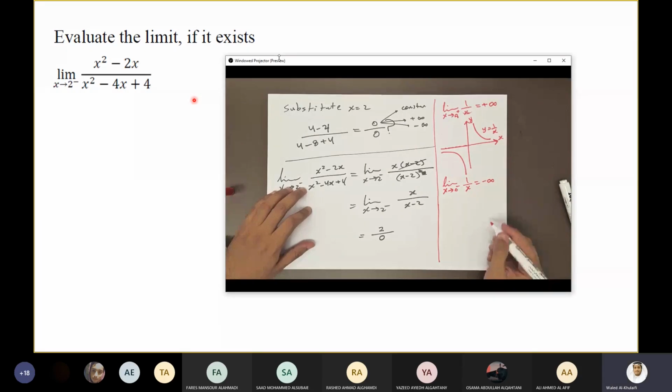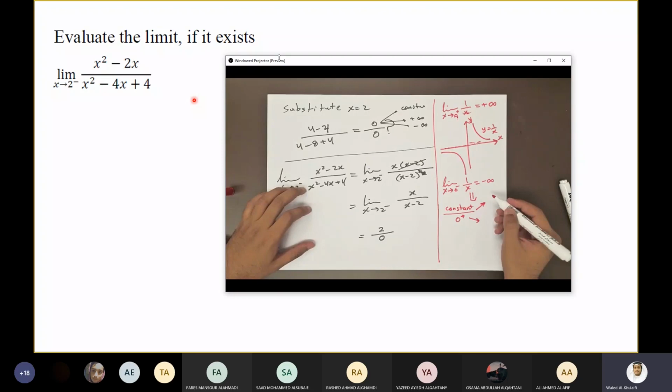So in summarizing these two, you can say that whenever I have a constant over 0, because I can put here 0, if it is 0 plus, then I have two situations. When I divide by 0, and that denominator is approaching 0 from the right, this will be either plus infinity or minus infinity.